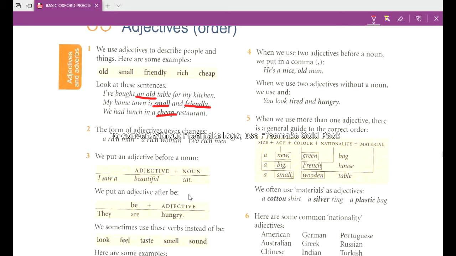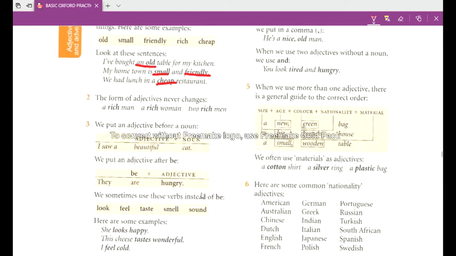After the verb to be we can use an adjective, but before a noun we use it before. For example, be plus adjective: they are hungry. She is happy. We are rich, and so on.